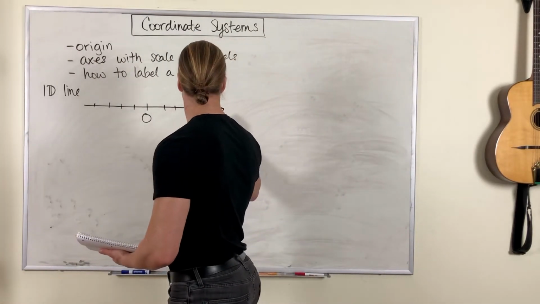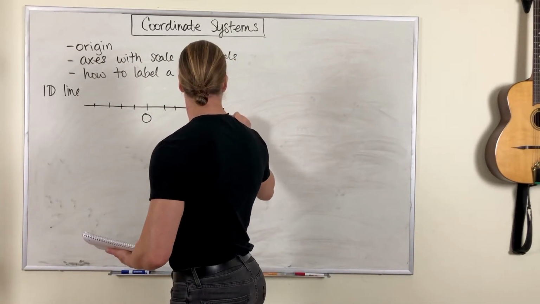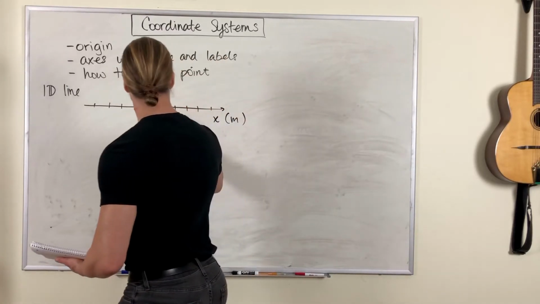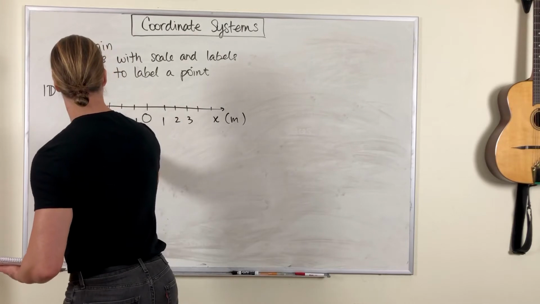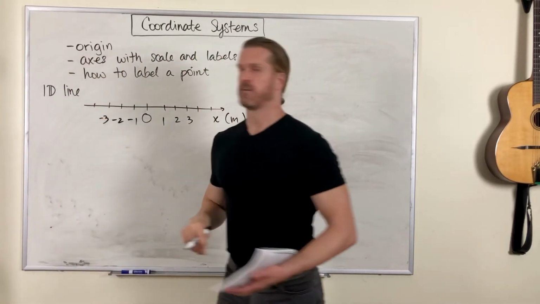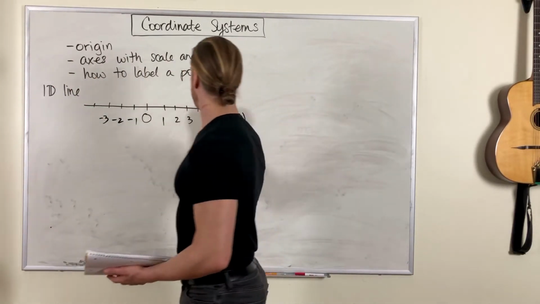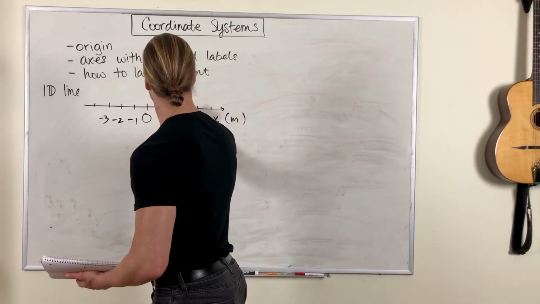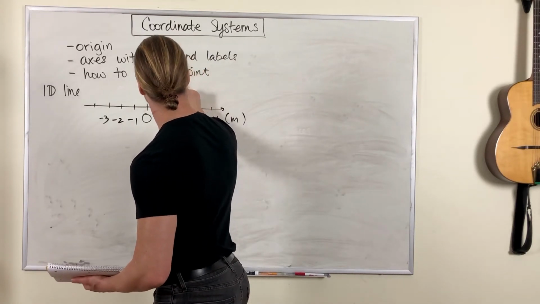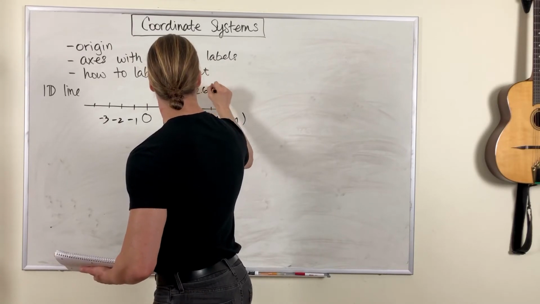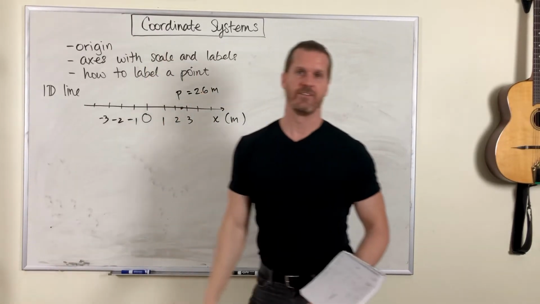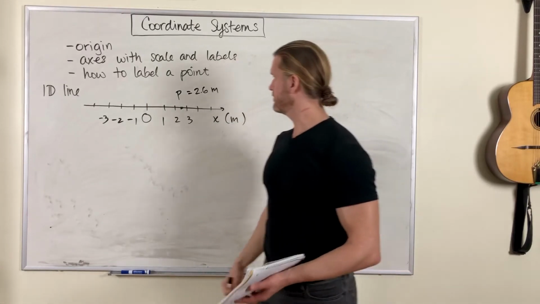Maybe this is your position X in meters. Maybe 1 meter, 2 meters, 3, -1, -2, -3, and so on. And you can specify a point in that coordinate system, maybe like 2.6 meters to the right of the origin.